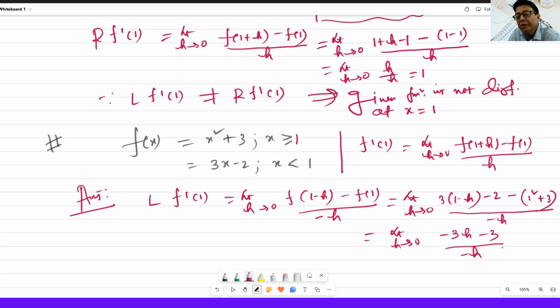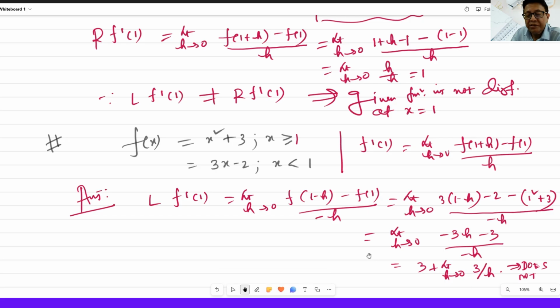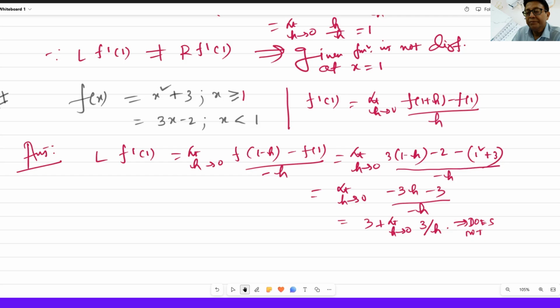You will stop your calculation here because this is 3 plus limit h tending to 0, 3 by h. This one does not exist. If this one doesn't exist, then it will not be differentiable there.